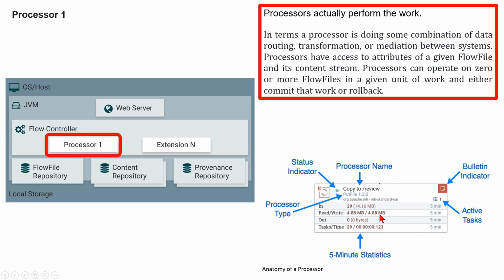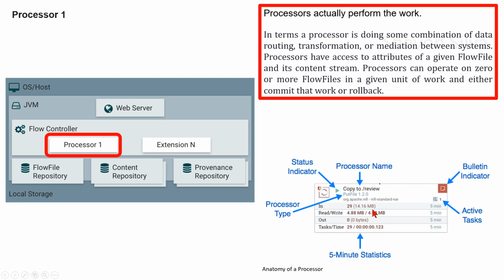The first metric is the amount of data that the processor has pulled from the queue of its incoming connections. This value is represented as count and size, where count is the number of flow files that have been pulled from the queue, and size is the total size of those flow files' content.